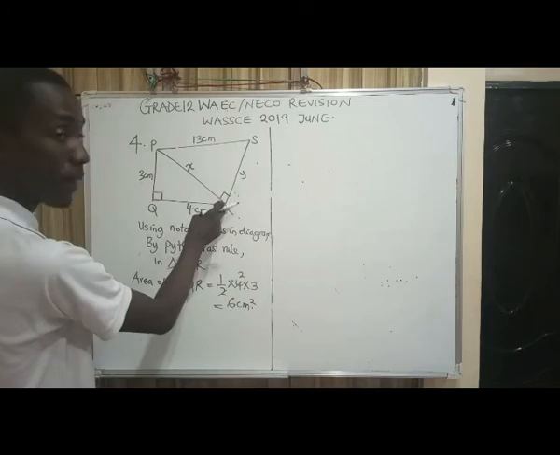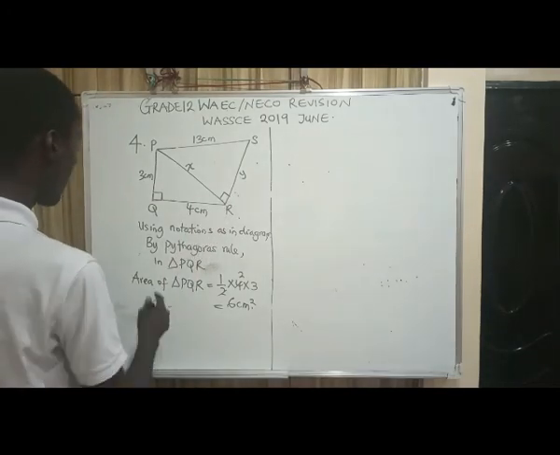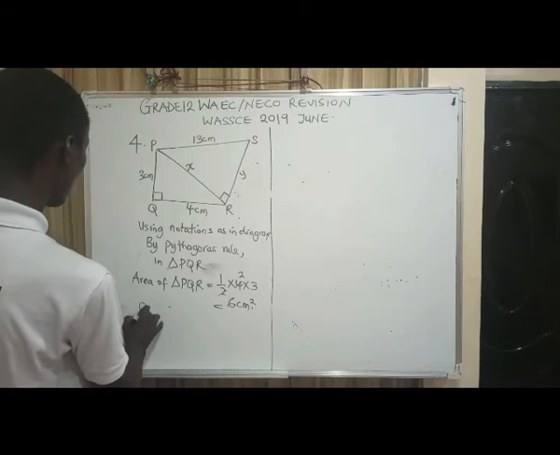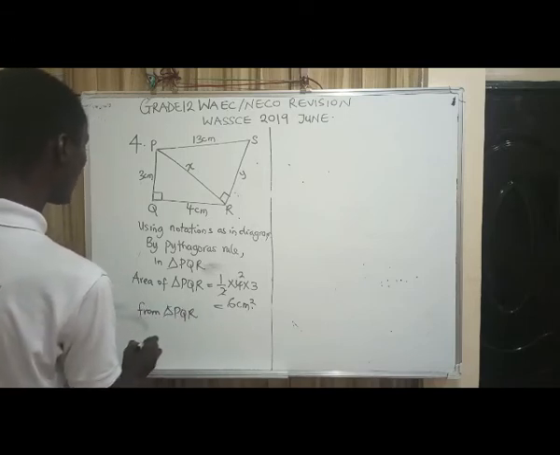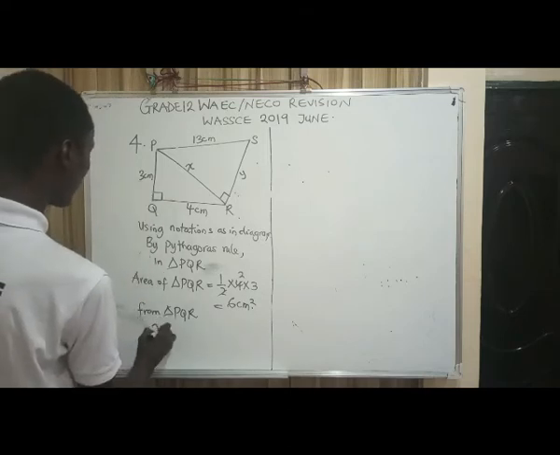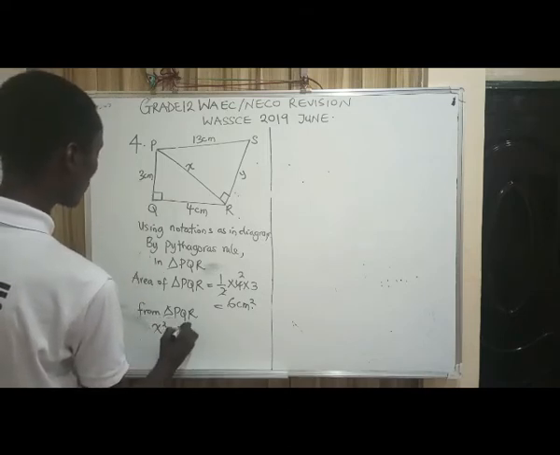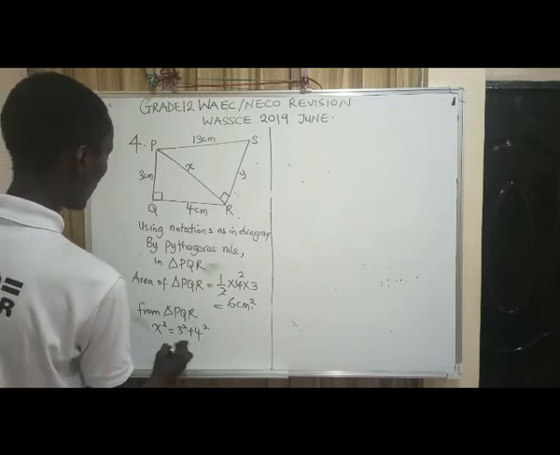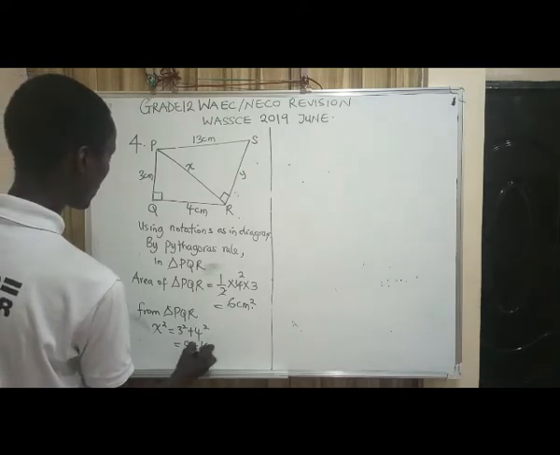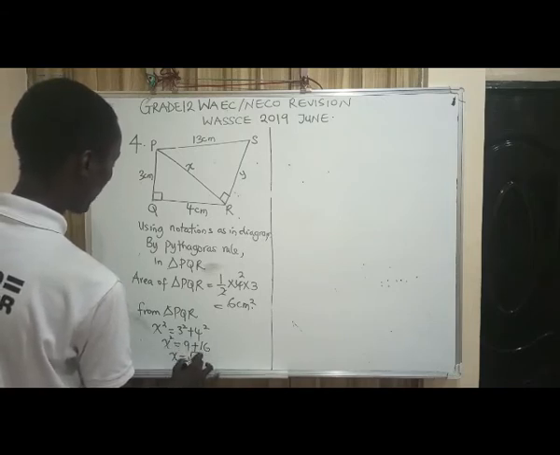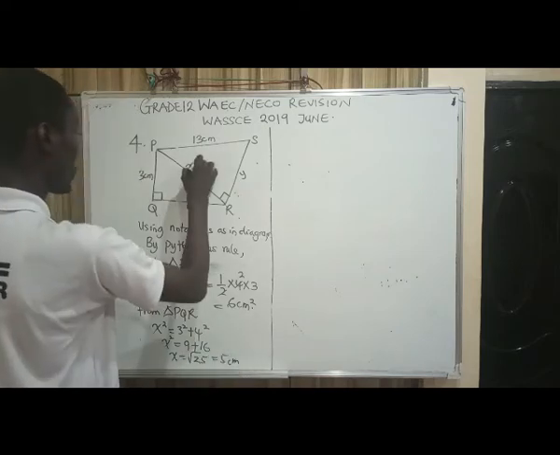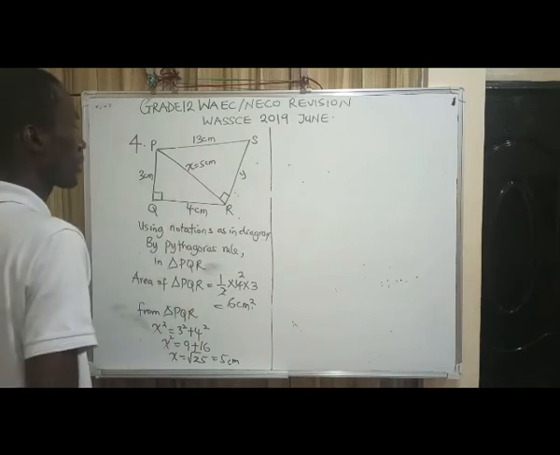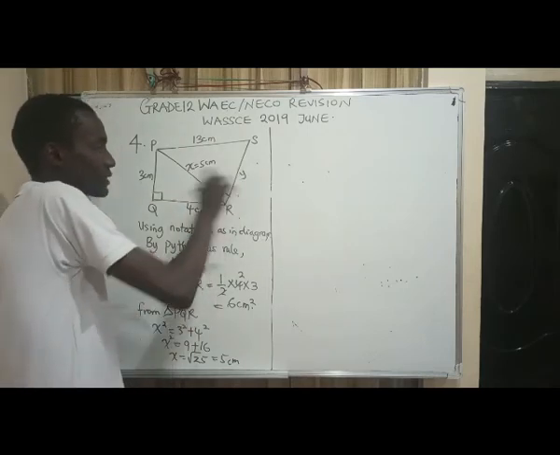So I can now say that from triangle PQR, x squared will be equal to 3 squared plus 4 squared. And that will be equal to 9 plus 16, which means that x will be the square root of 25. That value will be 5 cm. So I now know that this is 5 cm.